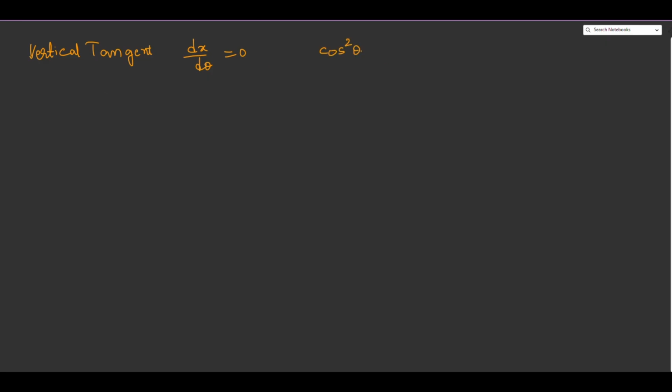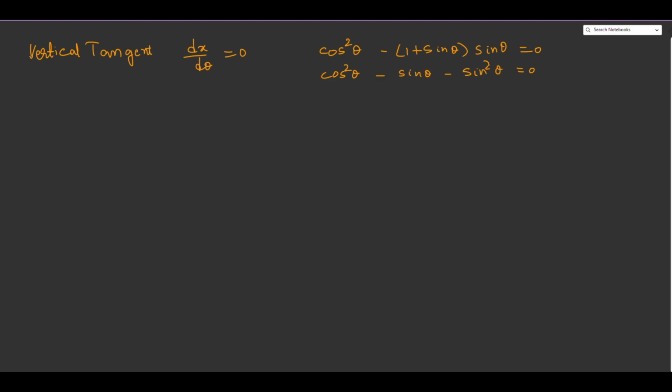Cosine square of theta minus 1 plus sine theta multiplied with sine of theta equals 0, and that will become cosine square theta minus sine of theta minus sine square of theta equals 0. Then we have to rewrite this thing in the following way.